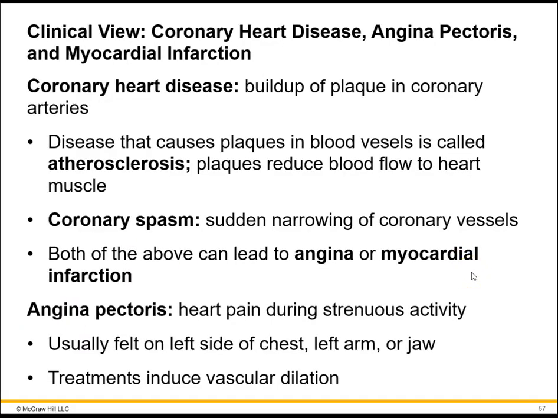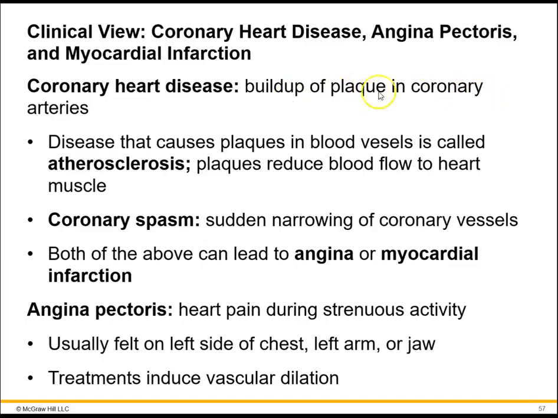Okay, let's talk a little bit about coronary heart disease, angina pectoris, and myocardial infarction. So coronary heart disease is the buildup of plaque specifically in the coronary arteries. The term for the disease that causes those plaques to build in blood vessels is atherosclerosis. And the problem with plaques is that they reduce blood flow to the heart muscle.